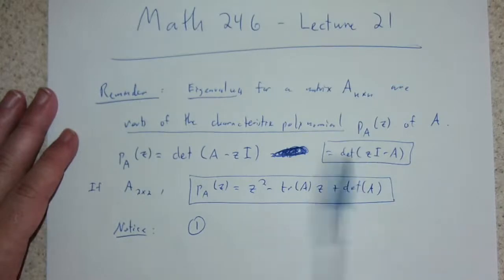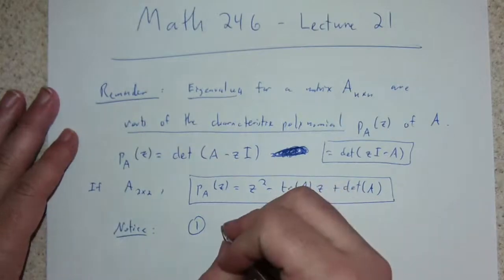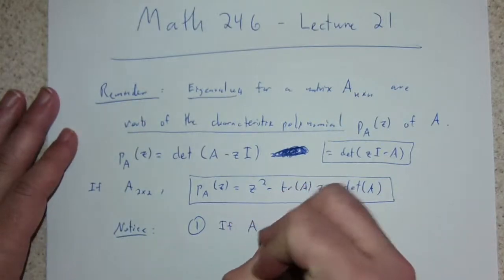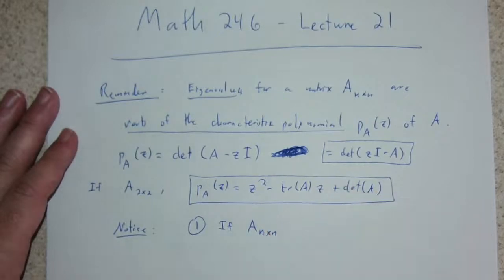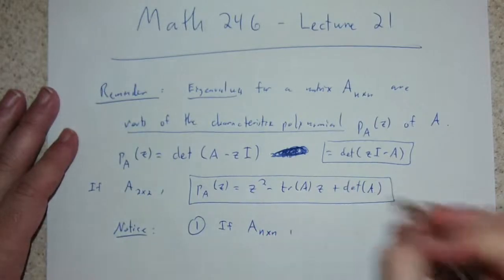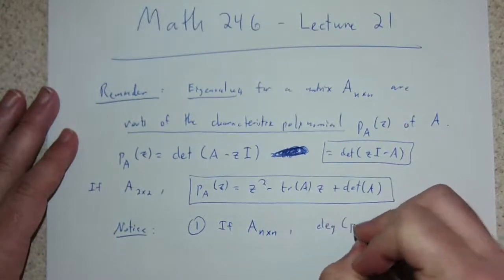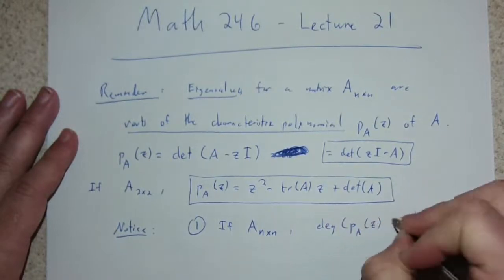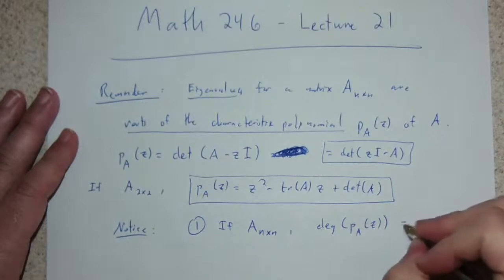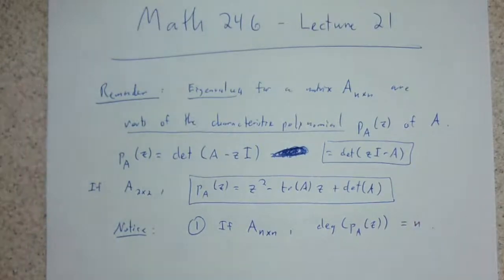But in general, what is the degree of this characteristic polynomial? If A is an n by n matrix, then the degree of the characteristic polynomial of A is n. You can check that yourself if you really want to.